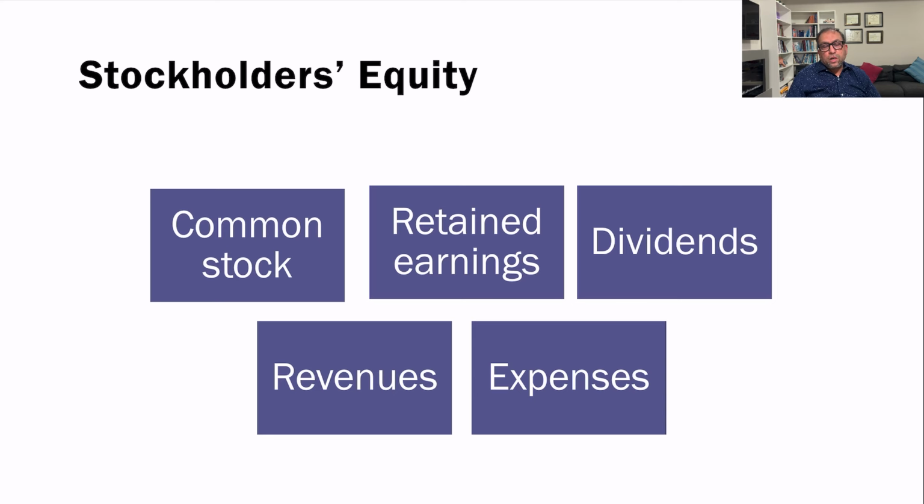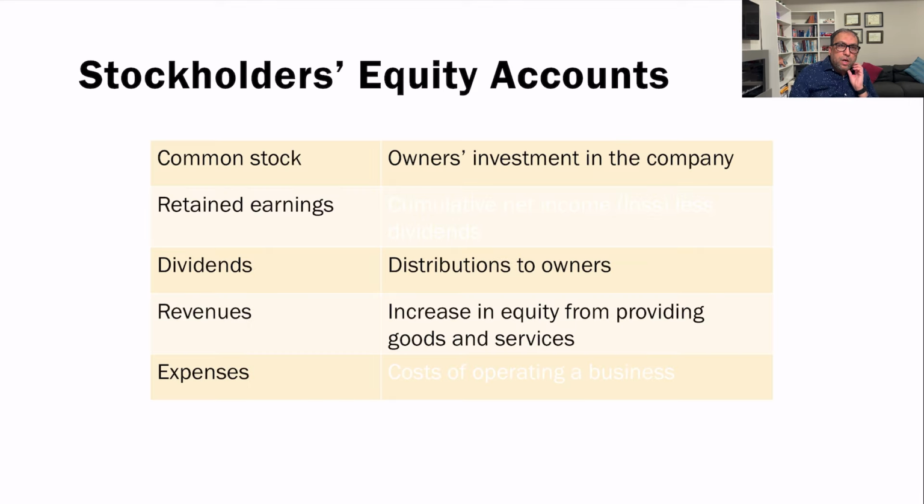Or if we pay dividend to the stockholders, then it's going to be an increase or decrease in the retained earnings as well as in the stockholders equity. Revenues and expenses are affecting the stockholders equity. If there is an increase in revenue, definitely the stockholders equity is going to increase, and if there is an increase in expense, that is going to reduce the stockholders equity.